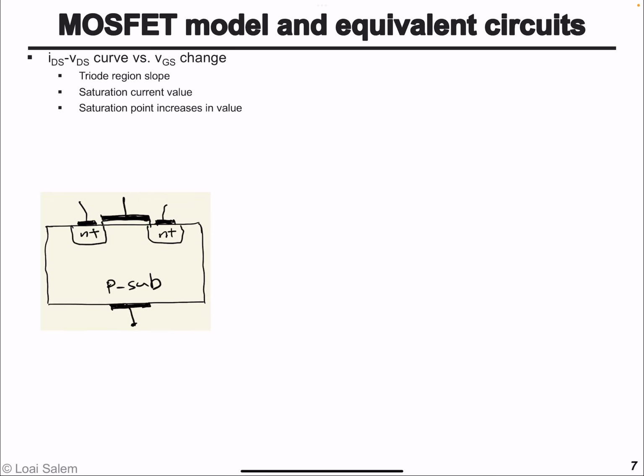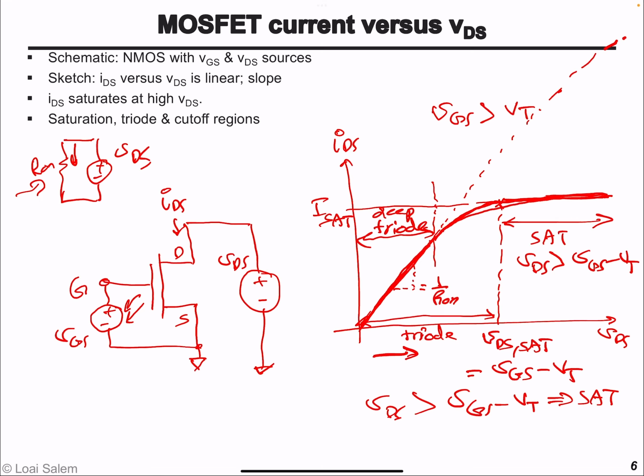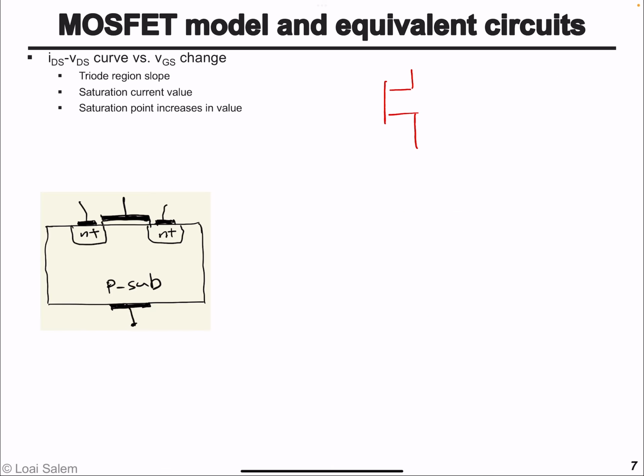Now, let's see what will happen when we increase the gate to source voltage. So all this plot was at a specific gate to source voltage value. Now, let's use two values for the gate to source voltage for the same transistor and vary VDS and see how the current in the transistor will look like.